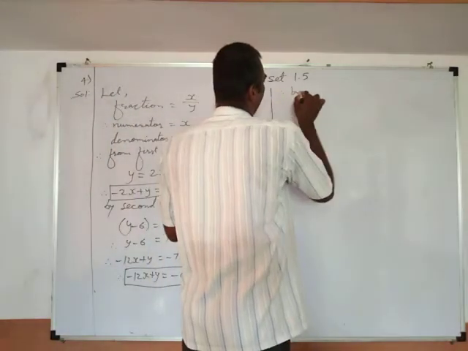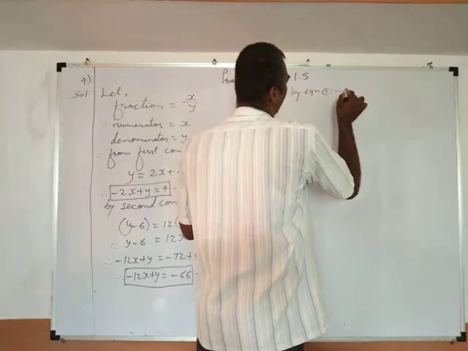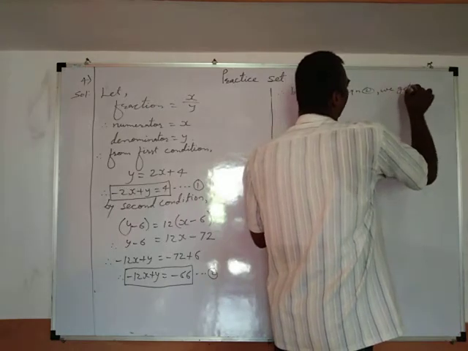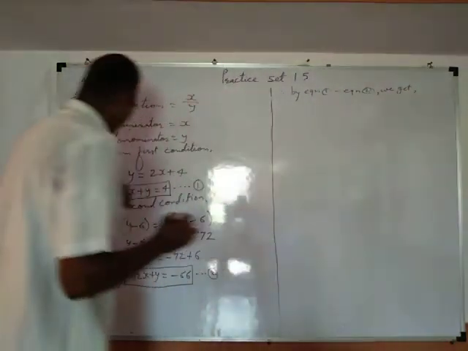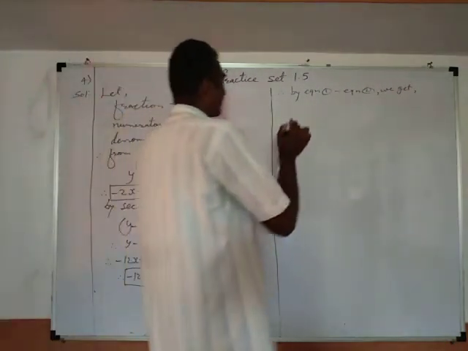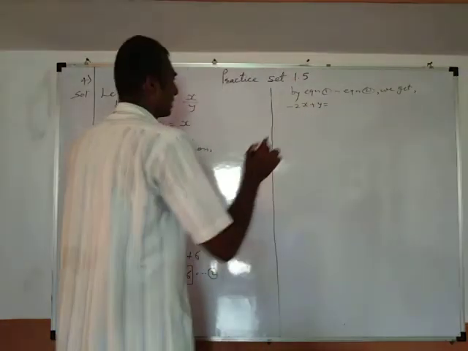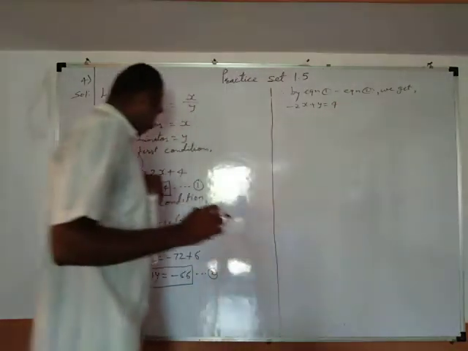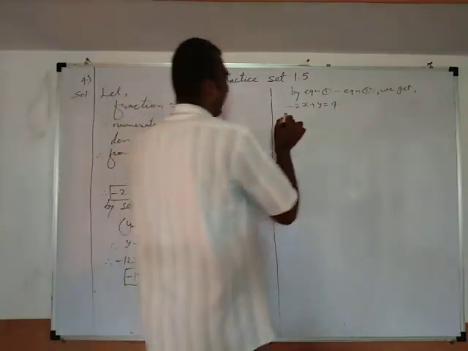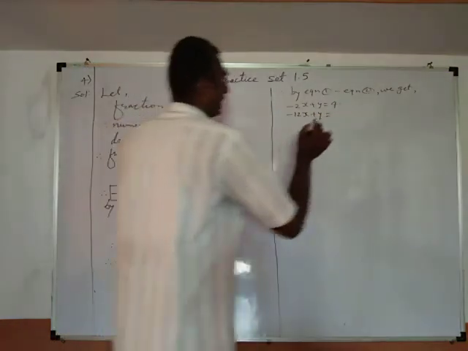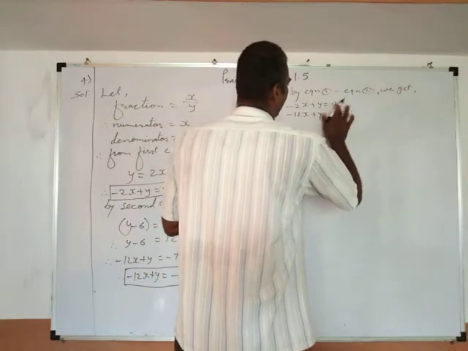Therefore, by equation 1 minus equation 2, we get, what is equation 1? Equation 1 is minus 2x plus y equals 4, and equation 2 is minus 12x plus y equals minus 66.